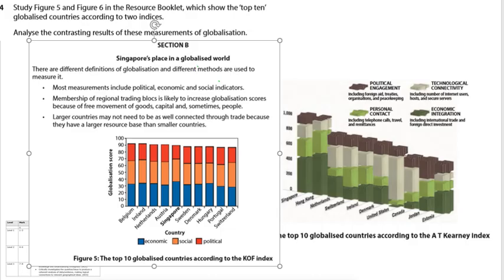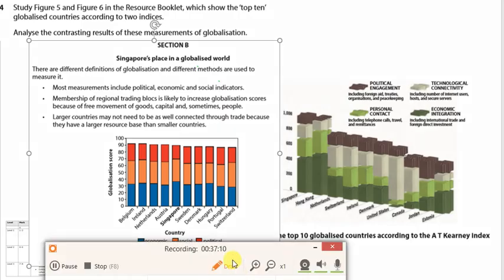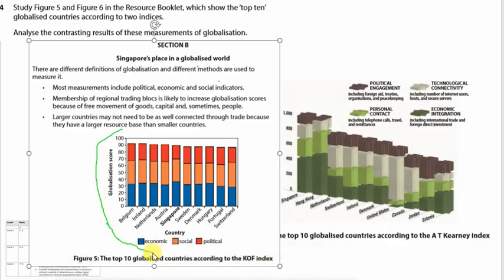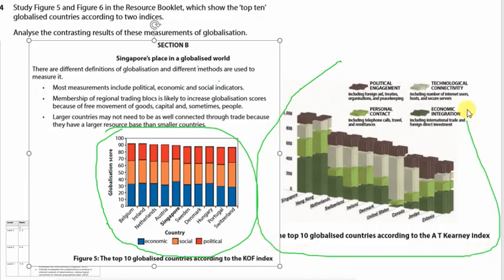I will just say that the contrasting results of the measurements of globalization, maybe that's a little bit misleading in the question, because that graph is one result. This graph is showing the other results. So contrasting results between the graphs.